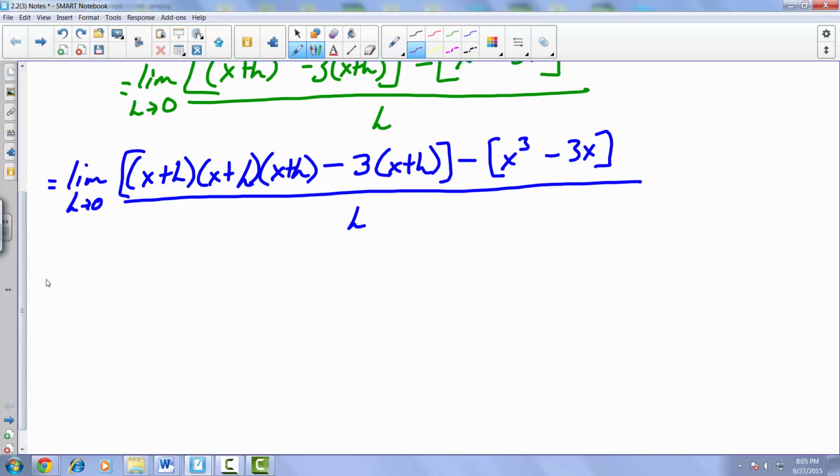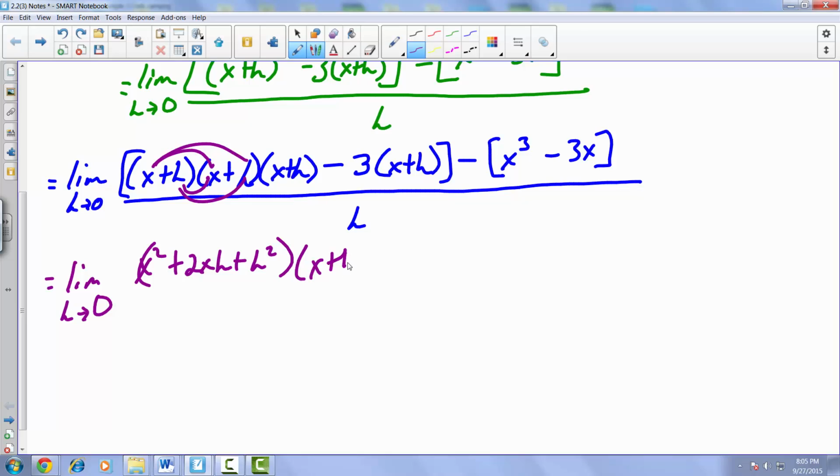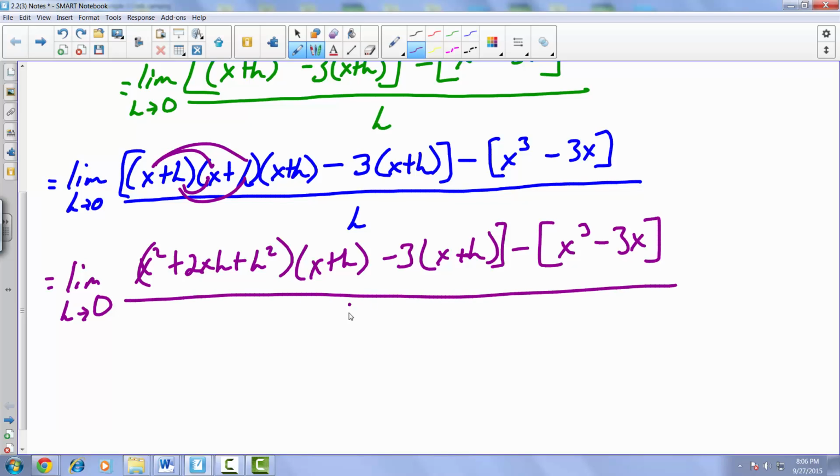Going ahead and foiling the x plus h's, we end up with x squared plus 2xh plus h squared, just foiling the first two. So times x plus h minus 3 times x plus h, minus x cubed minus 3x all over h.